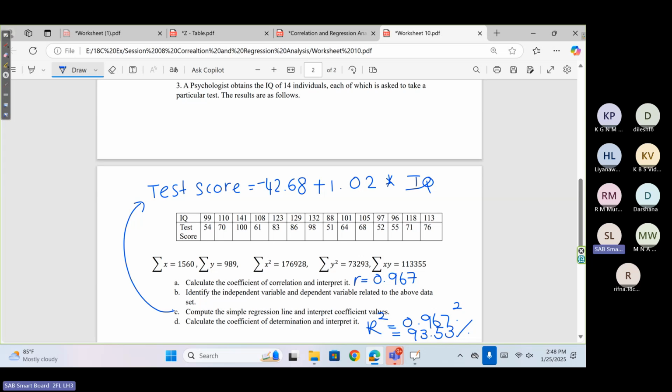IQ level is 0 වෙලාවේදී test score value එක තමයි a minus value එකක් ඇවිල්ලා තියෙන්නේ. I got the answer minus 42.68. Minus 42.68 is the predicted test score when the IQ level is 0.